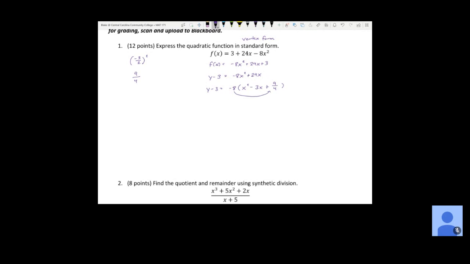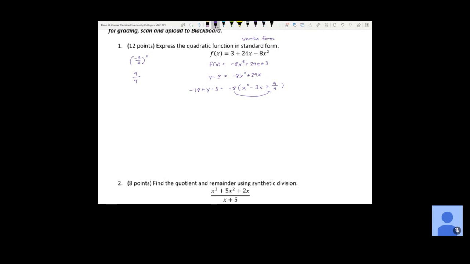So what do I really need to add to the other side now? Okay. And instead of an 18, it's actually going to be a negative 18. Good. So I'm going to put a negative 18 over here now. Because negative 8 times 9 over 4 would give us negative 18. So I'm actually adding negative 18 to the other side.